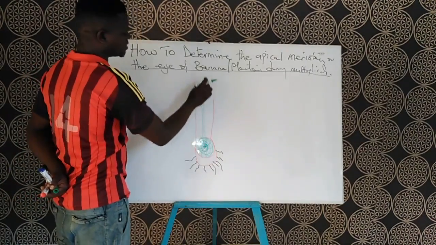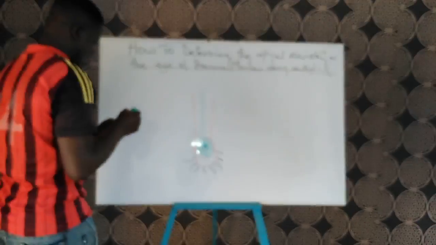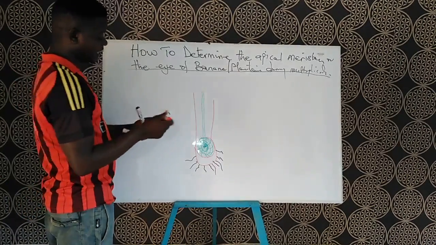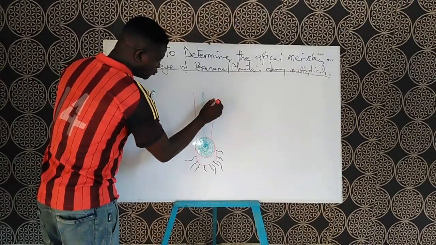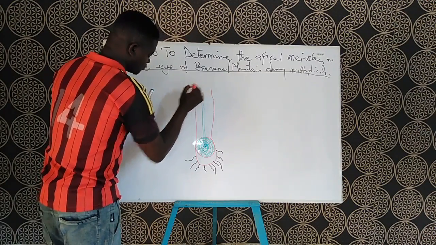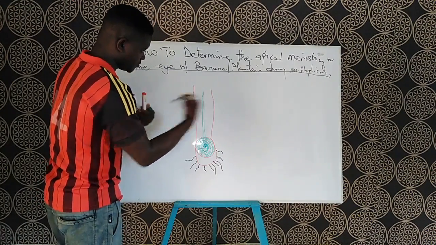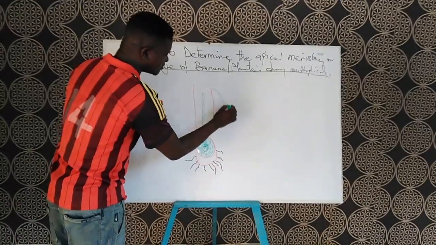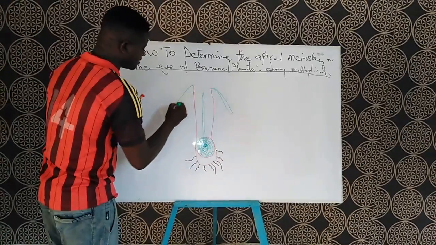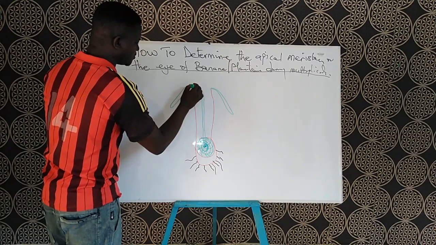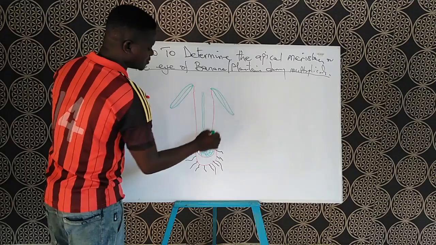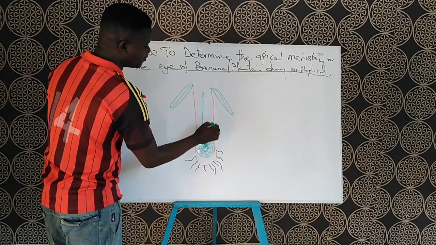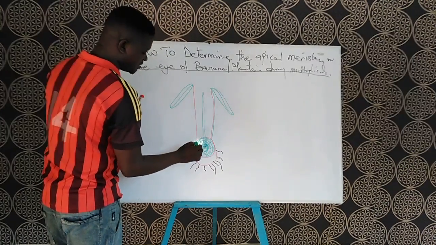So it will grow to a certain level, and at maturity, when the plantain is about to fruit, let's assume these are the leaves of the plantain. So these sheets will form the leaves, these ones.